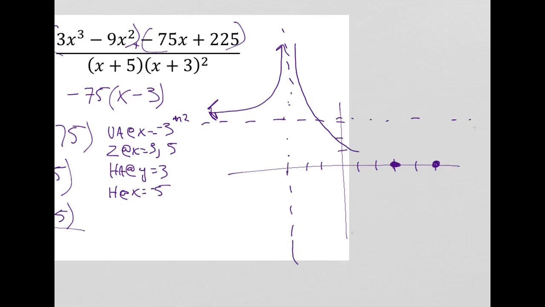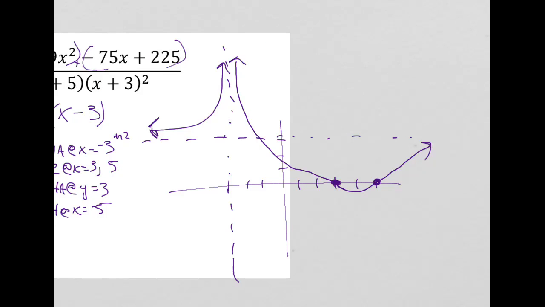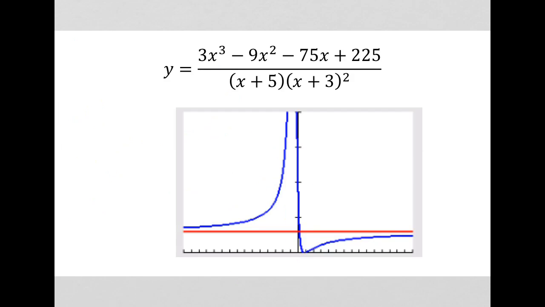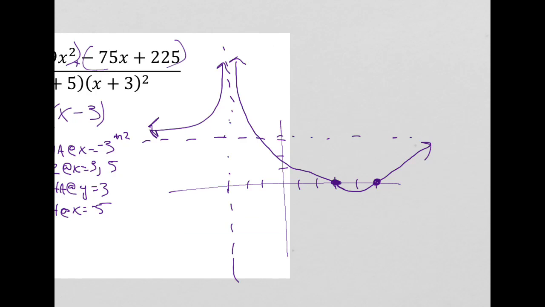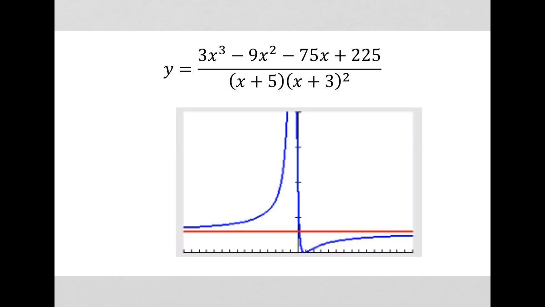So I'm going to be coming over, and I'm going to come down and cross there, and then I'm going to turn back up as such. So look at my beautiful rendition of this, and then look at the calculator's. Same idea, just your calculator's a little more precise than I am.